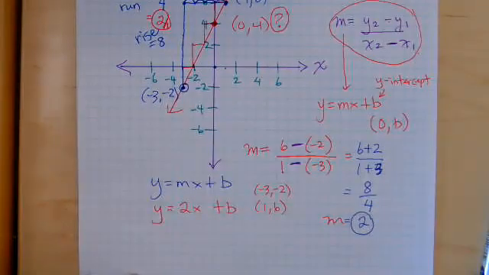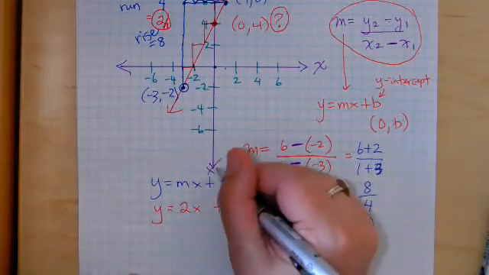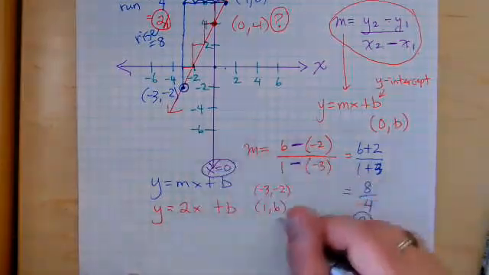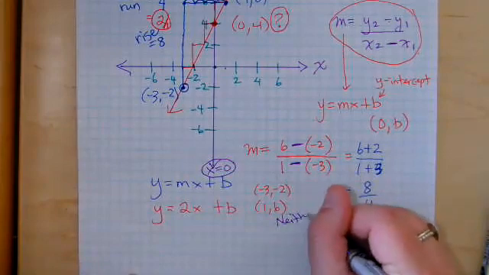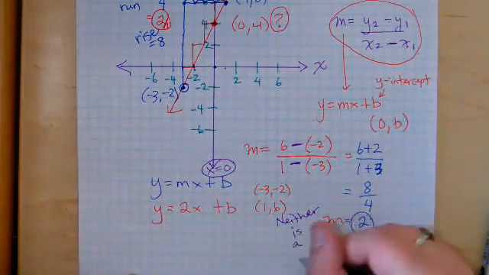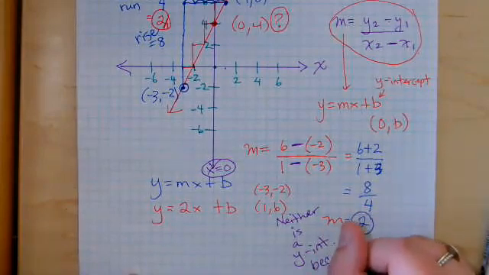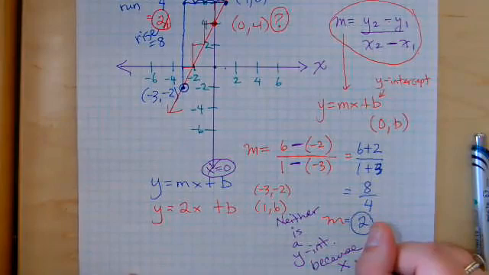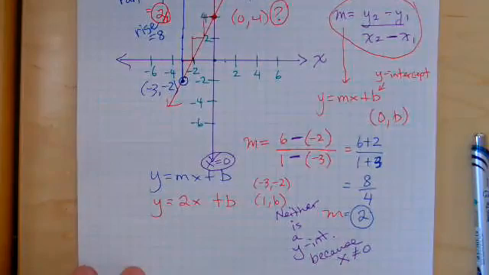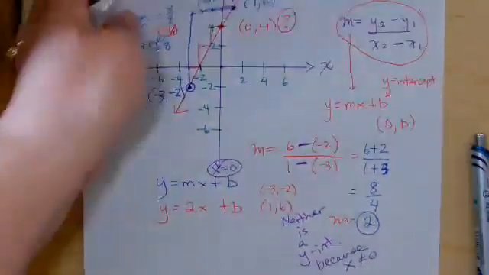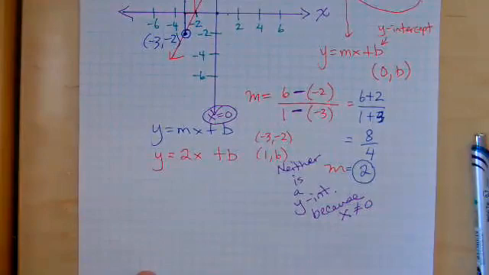Exactly. The y-intercept only happens when x equals 0. So neither of these points is an intercept, because x does not equal 0 in either of those points, okay? But lucky us, we actually spent quite a bit of time learning how to solve an equation for one variable.